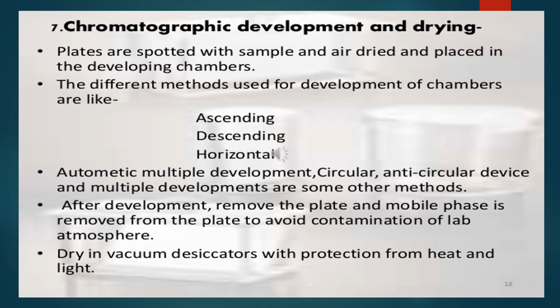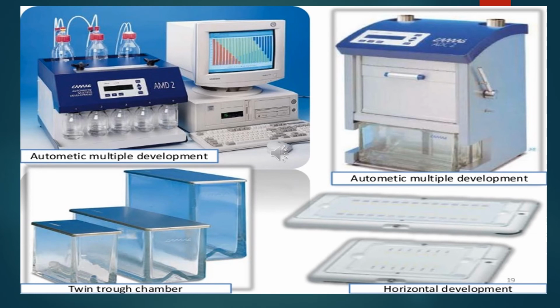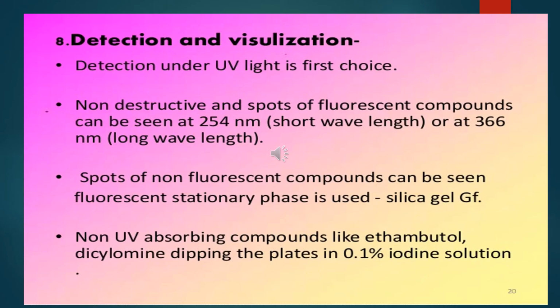After development, remove the plate and remove the mobile phase from the plate to avoid contamination of the lab atmosphere. Dry in a vacuum desiccator with protection from heat and light. Here are certain developmental chambers: automatic multiple development, then twin trough chamber, then horizontal development.